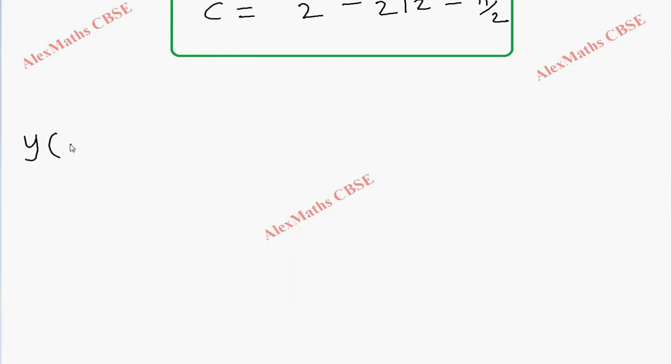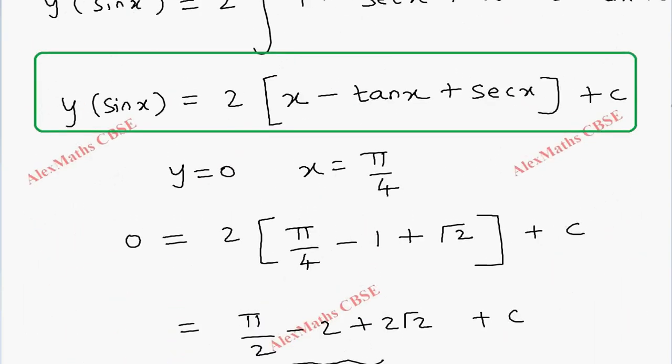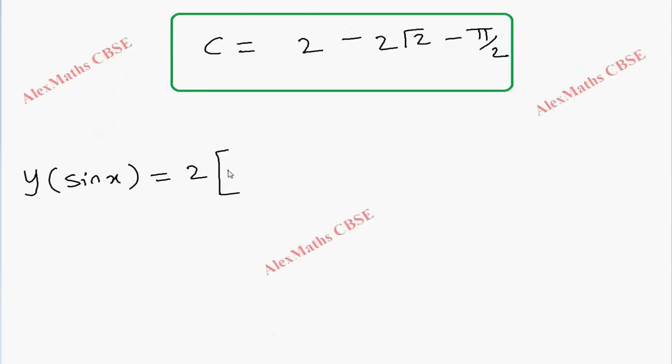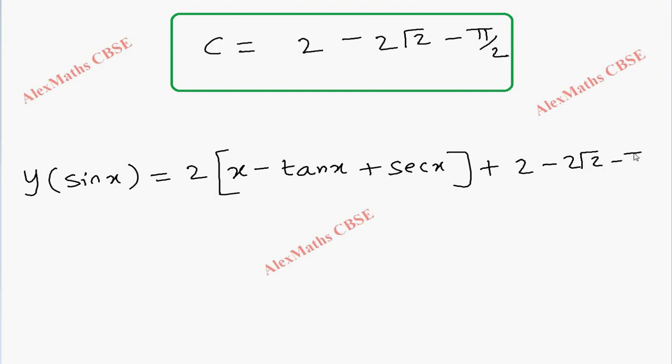So the final solution is y into sin x equal to 2 bracket open, x minus tan x plus secant x, and the value of c, which is 2 minus 2 root 2 minus pi by 2.